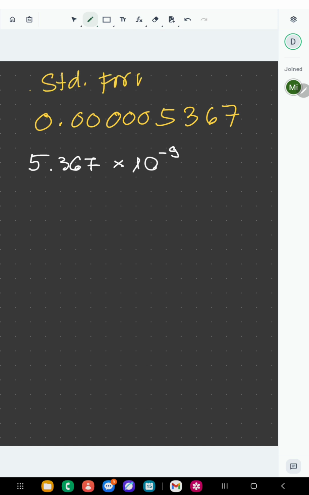That's right. This is from standard form to scientific notation. So how many places? 1, 2, 3, 4, 5, 6. So 5.3367.